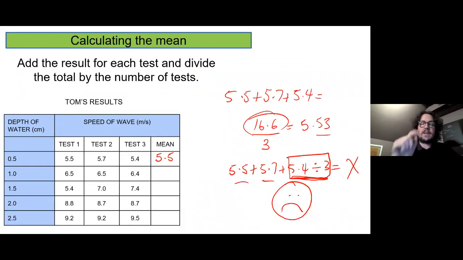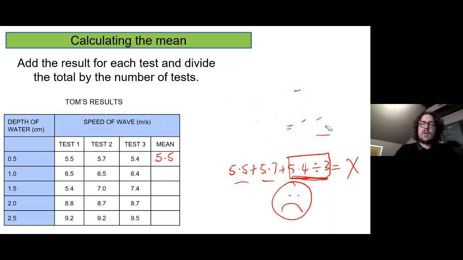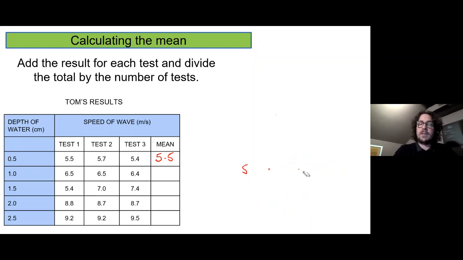But we're not done, because what about that anomalous result? I hear you say, Mr. Red, what about that anomalous result? Because when we have an anomalous result, we are basically saying that we don't think that result is correct. We don't think it's reliable. We don't believe that it's true and accurate. So we had our anomalous result here of 5.4. If we circle that in the table, we've got 2 options.